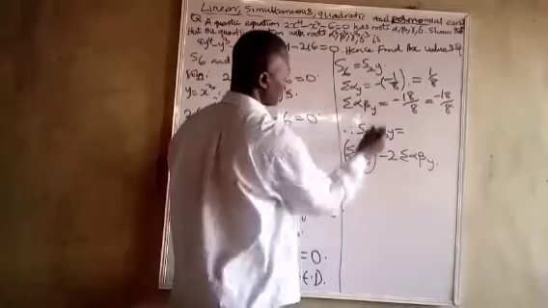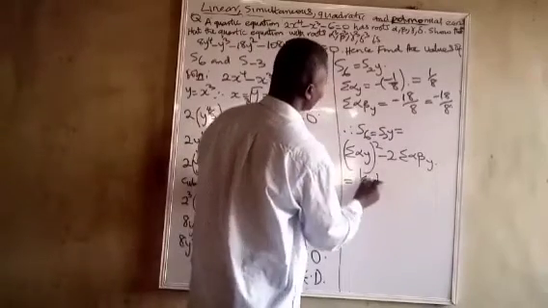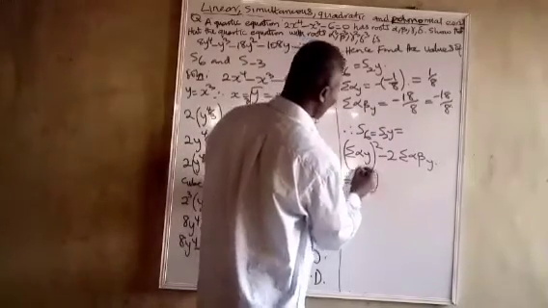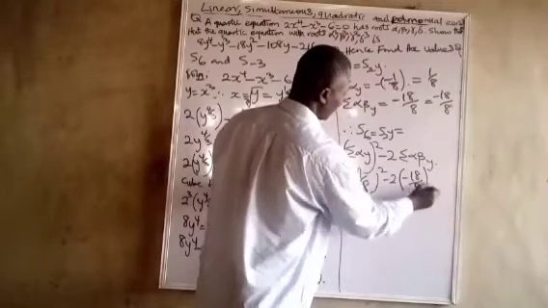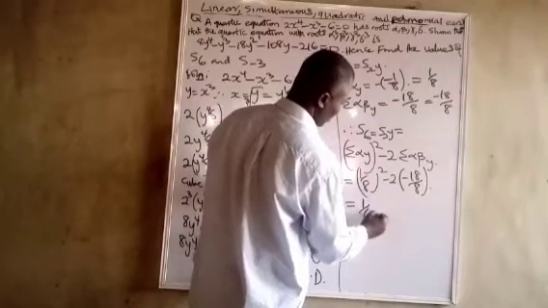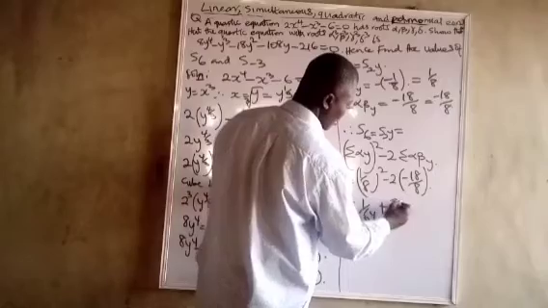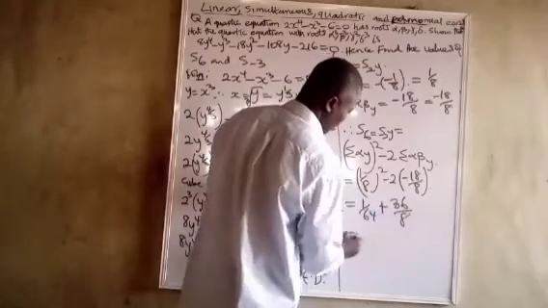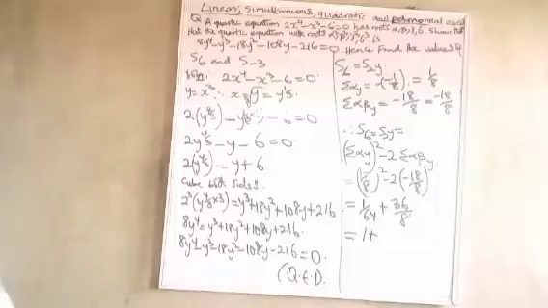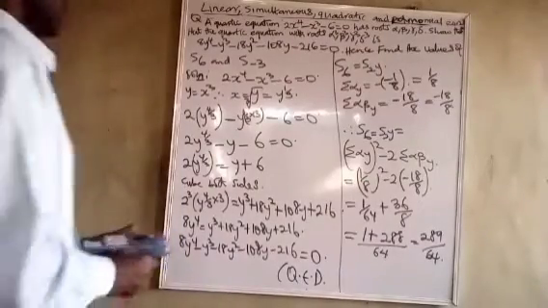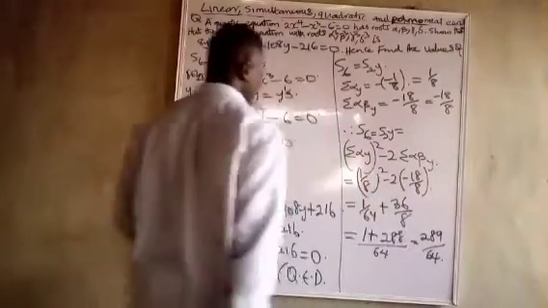So it's going to give me 1 over 8 all squared minus 2 into minus 18 over 8. And this is 1 over 64 plus 36 over 8. So this is going to give me 1 plus 36 times 8. So S6 is 289 over 64.